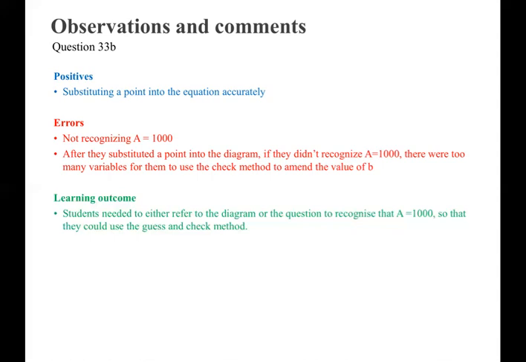They were trying to use that error in this solution, but they really had nowhere to go. So it was really difficult for them to get somewhere in this question. They struggled the most.